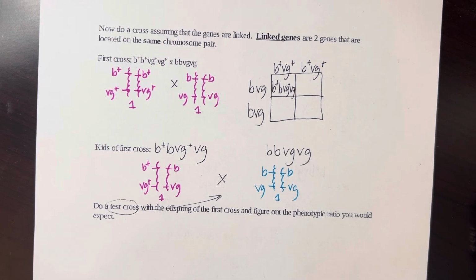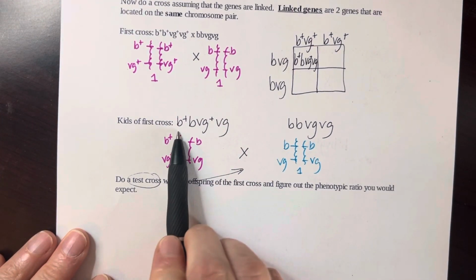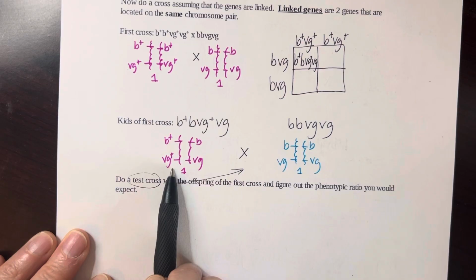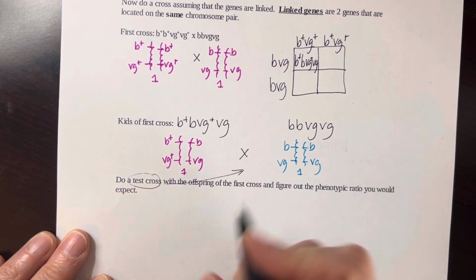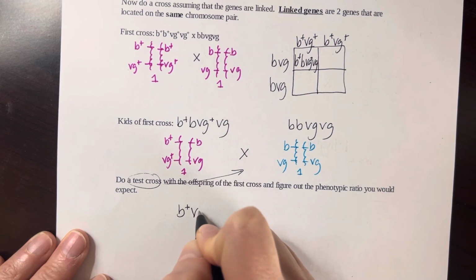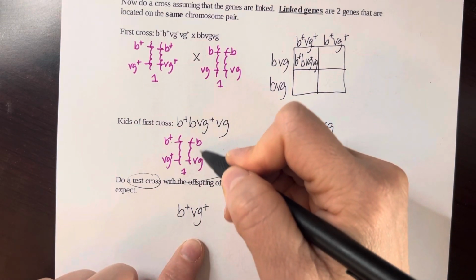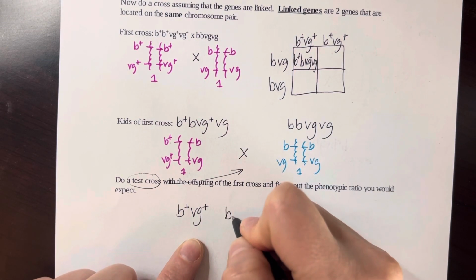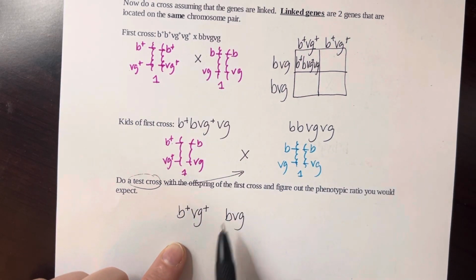So what kind of kids would you expect with this cross? This parent's either going to pass on this chromosome pair or this, right? And so they're going to pass on the B plus VG plus together, or the B and the VG. Those are my two combinations here.